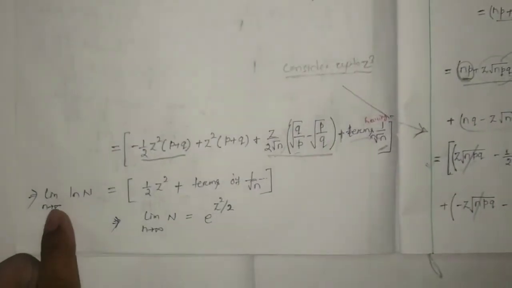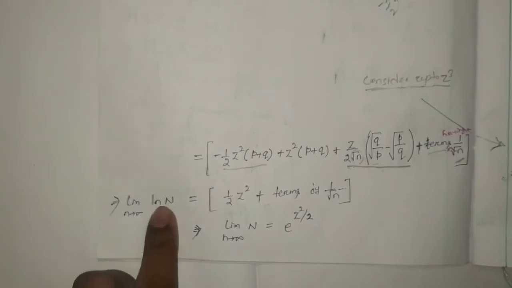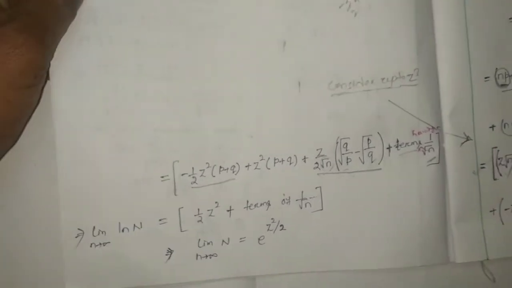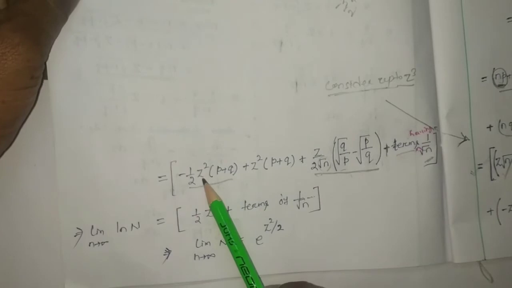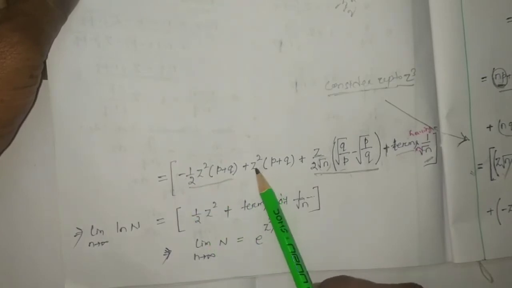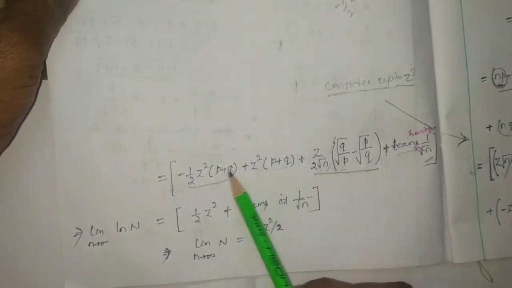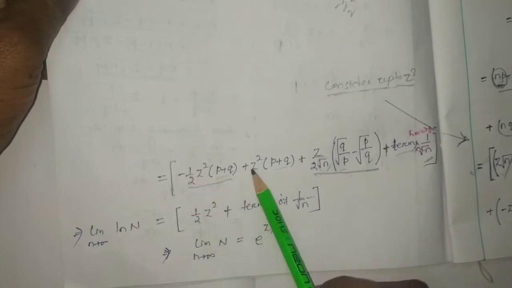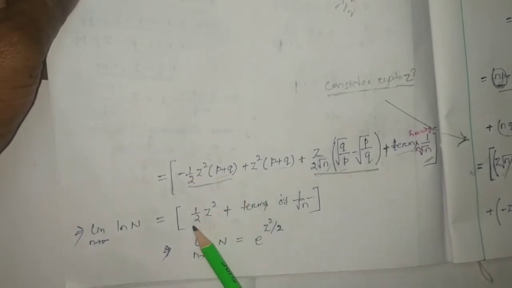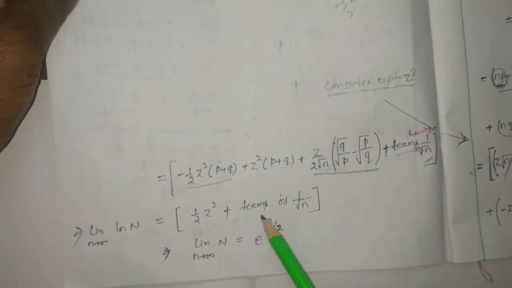So now limit n tends to infinity, ln capital N will be equal to how much? Here you can see minus z square plus z square p plus q, which is equal to 1. This is also 1, minus 1 by 2 z square plus z square will be half z square, plus terms of 1 by root over of n.